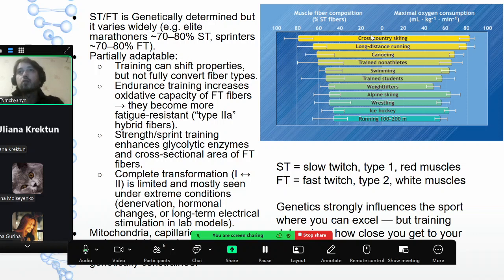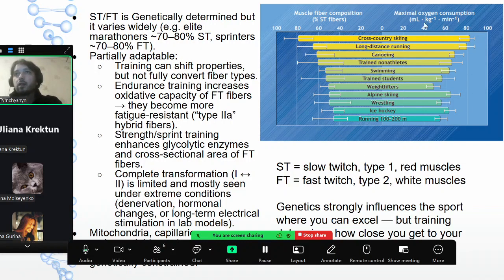If it's cross-country skiing, you need almost 80%, so you need a lot of slow twitch fibers. While if it's running 100-200 meters, you rely more on the fast twitch fibers, so you don't need so many slow twitch fibers, and here you see that it's less than 50%.